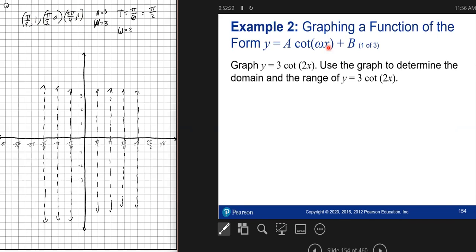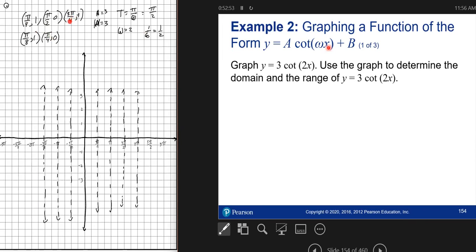So now I'm going to multiply each of my x values by 1 over omega, which is 1/2. So I multiply pi over 4 by 1/2, and that's pi over 8, 1. I multiply pi over 2 by 1/2, so that's pi over 4, 0.